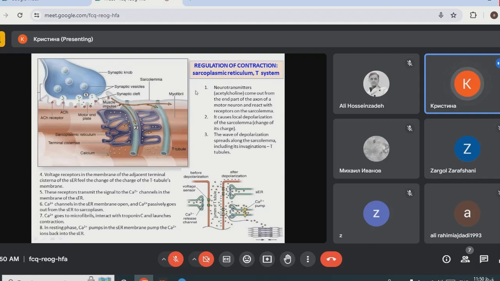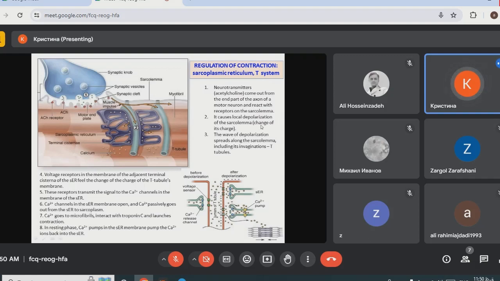So, step 1, neurotransmitters come out from the terminal part of the axon, and they bind to their receptors, which are incorporated in the membrane of the sarcolemma. So these are receptors. Acetylcholine binds to these receptors. Step 2, binding of acetylcholine to receptors causes depolarization of the membrane of the muscle fiber.